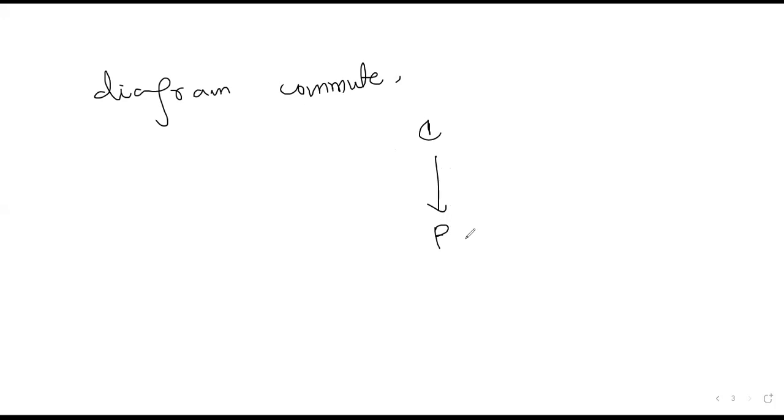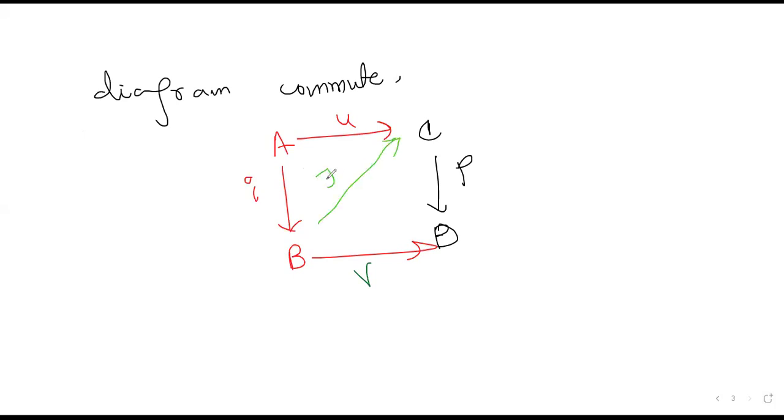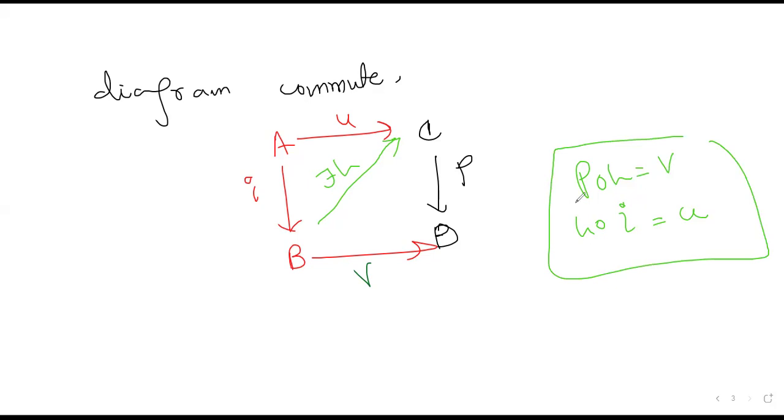A morphism P from C to D and a morphism I from A to B. There is a morphism U from A to C and a morphism V from B to D, and there exists a morphism H from B to C. Means we can say P of H is equal to V and I of H is equal to U. So this diagram commutes, and we can say this is the right lifting property.